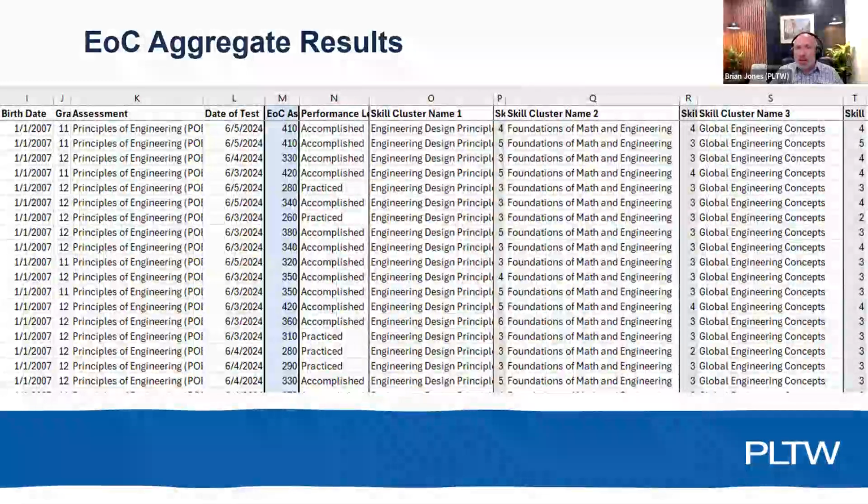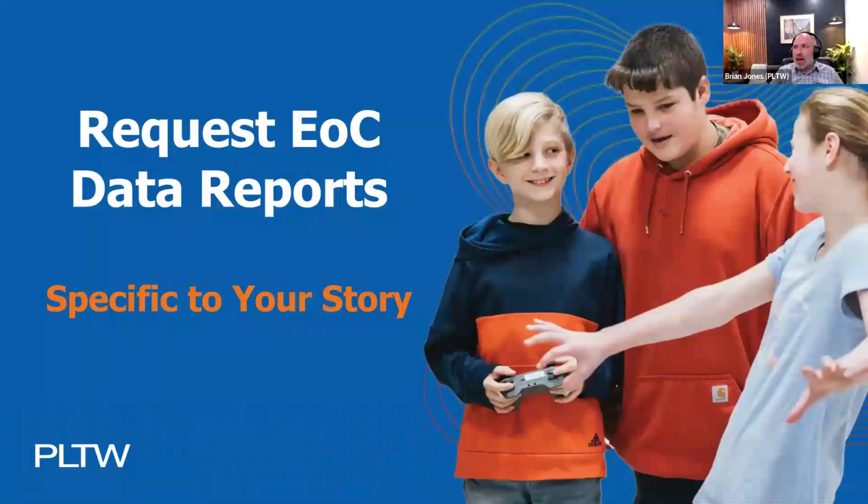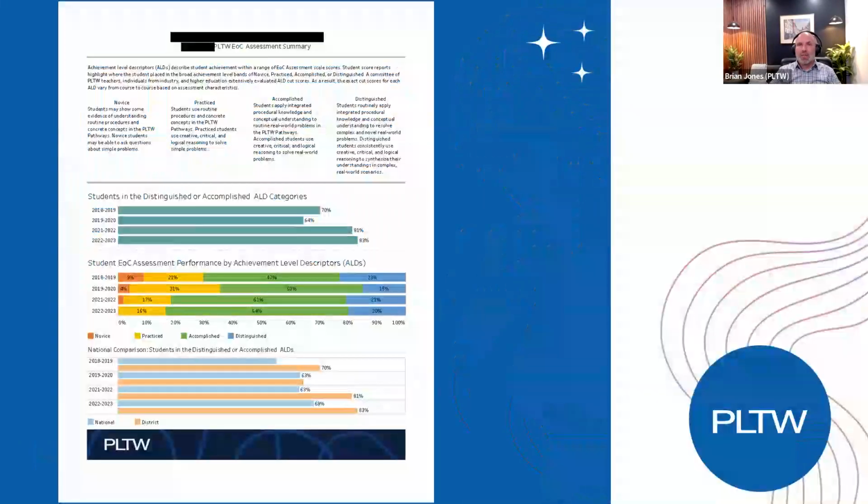There are other ways that we can do that, and those are ways that I'd love to help you. If you ever need any additional data or reports, email us and I'll be happy to help you. We've had lots of reports similar to this where we give outlines of how well students have done from year to year, and how well they've done compared to the national performance.